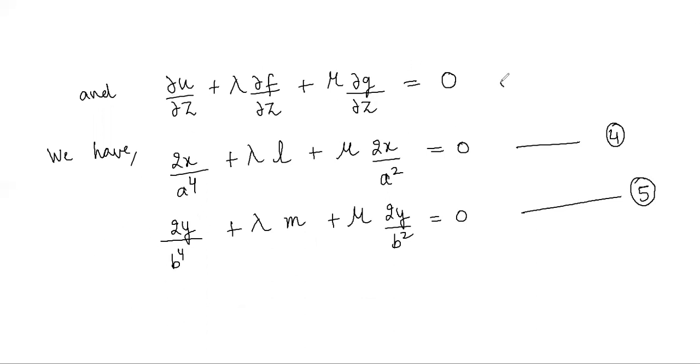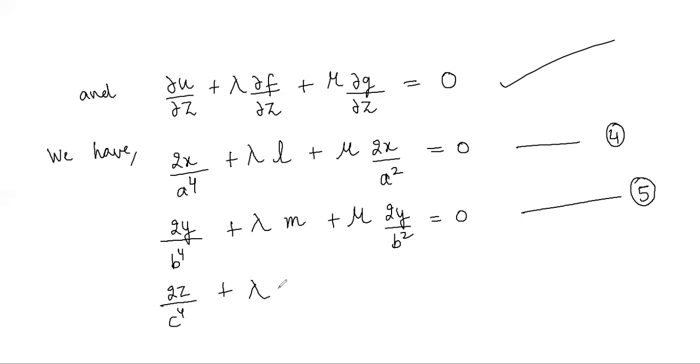Now let us find this one, del u by del z plus lambda del f by del z plus mu del g by del z equal to 0. Here all partial derivatives are with respect to z. So it will be 2z divided by c raised to power 4.